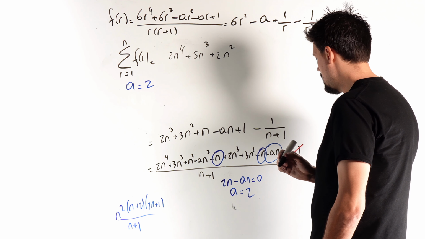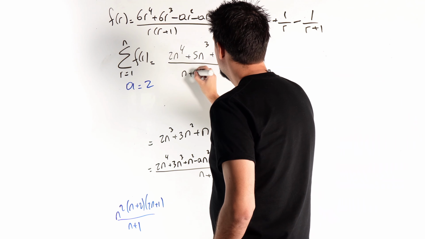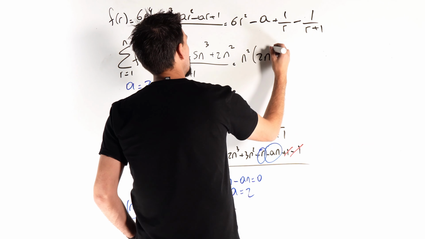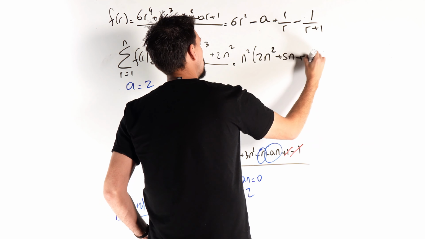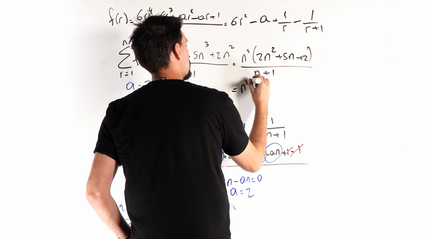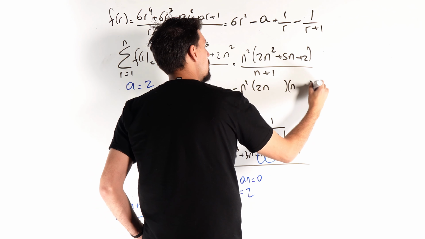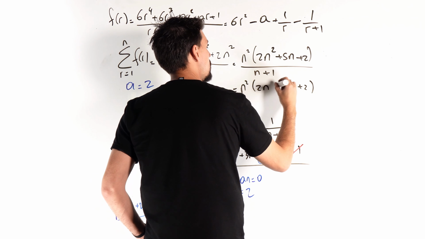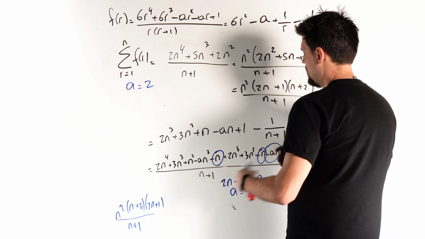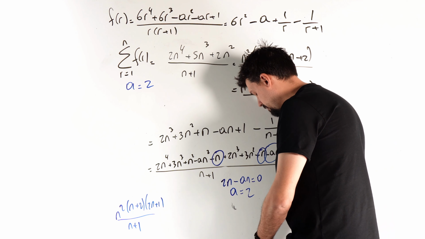That works for me, and then that's it over n plus 1. Take out the n squared to get 2n squared plus 5n plus 2. Does that do what I want? 2n, n, plus 2, plus 1. Yes! Awesome. So, a equals 2.